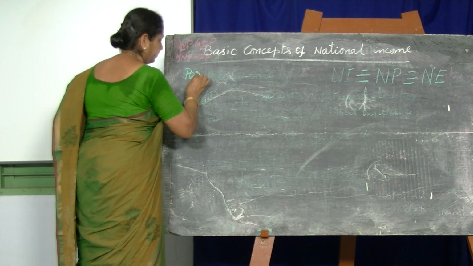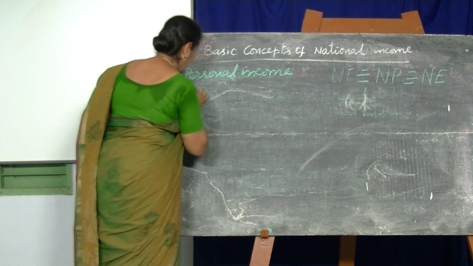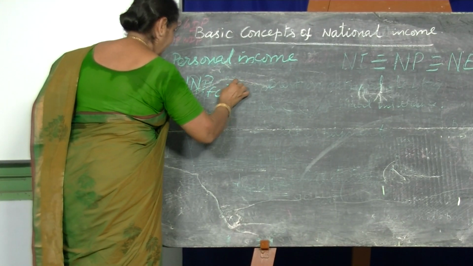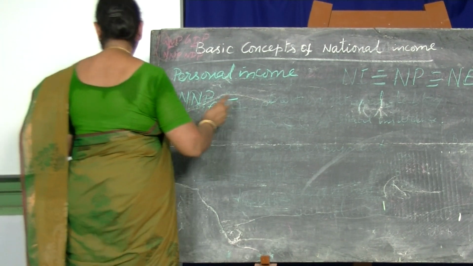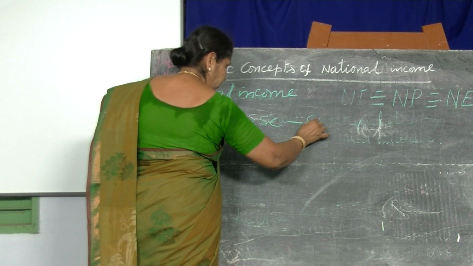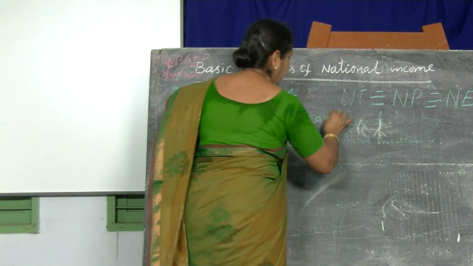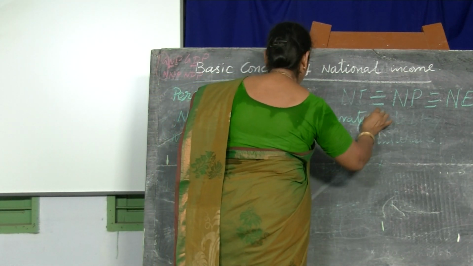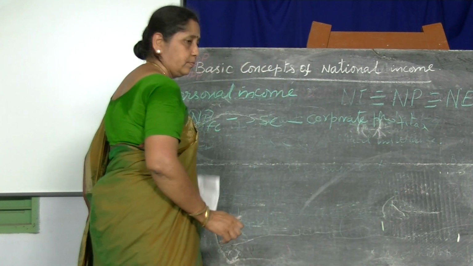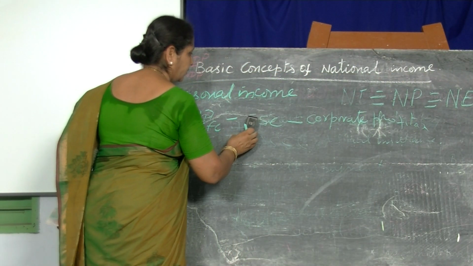In the same way, I have taken the same NNP at factor cost minus social security contribution minus corporate profit tax. Already we have done this, so it need not be taken again.